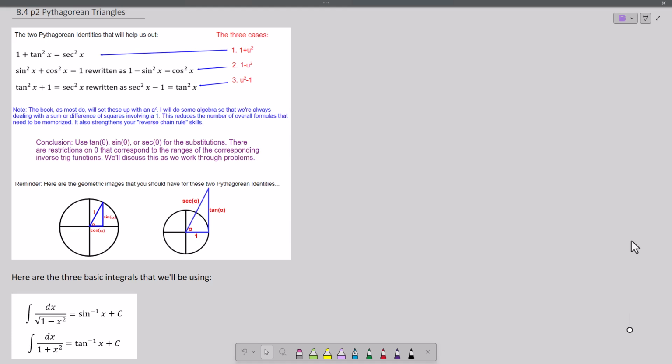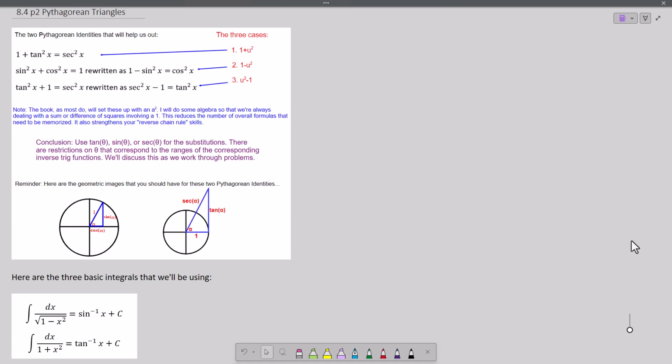All right? Trig functions. If we have 1 plus u squared, and we let that u be tangent of x, then 1 plus u squared becomes secant squared. It becomes 1 term. So if we let the x be tangent, then 1 plus tan squared can be simplified to secant squared.